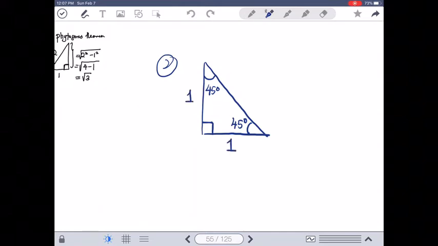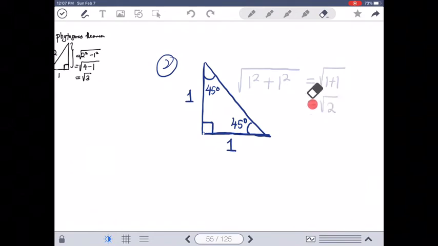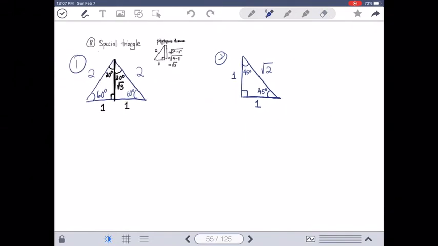Say this is 1 unit, this is also 1 unit because they have the same length. By Pythagoras theorem, the length of this is just equal to the square root of 1 squared plus 1 squared, which is the square root of 2. So the hypotenuse is the square root of 2.